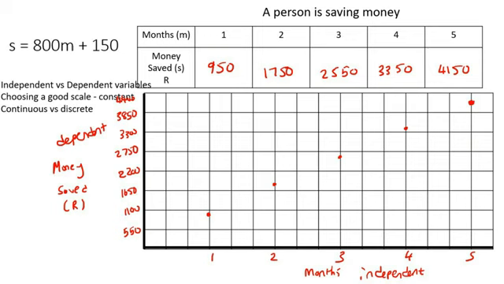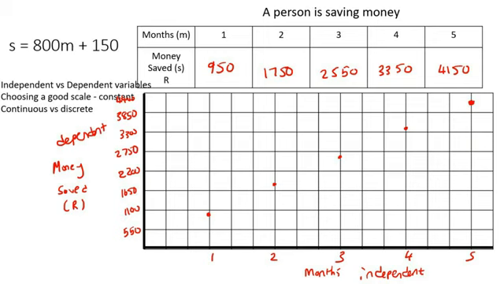Now, when you decide whether you can connect the dots, well, there's different ways you could interpret this. Now, think about it. This person's saving money. So we don't know if the person is only saving money after the month, or maybe they're saving a little bit of money as the month carries on.